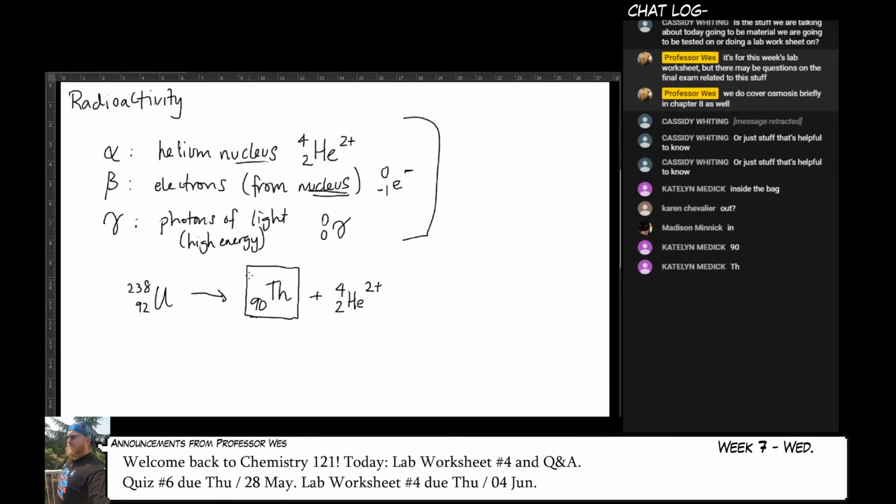Now, the last thing is we got to fill in this top number, and it follows the same principle. Whatever the mass number was before has to equal the mass number after.